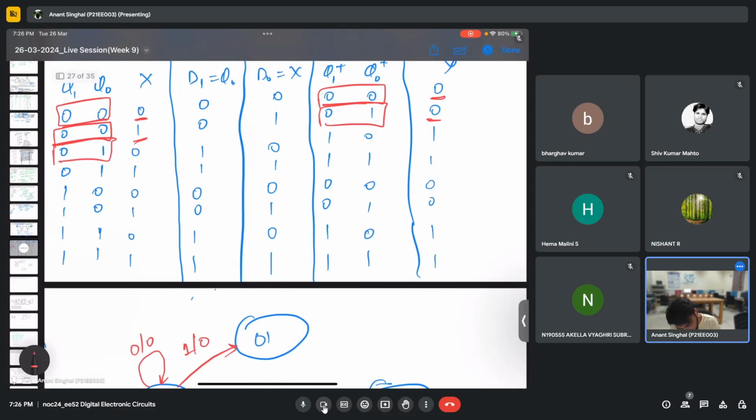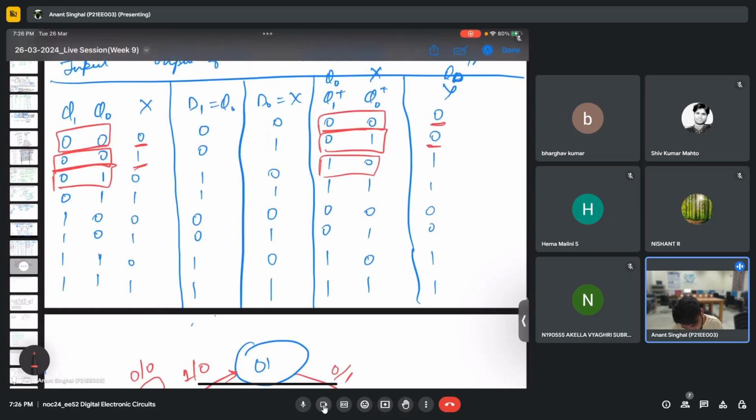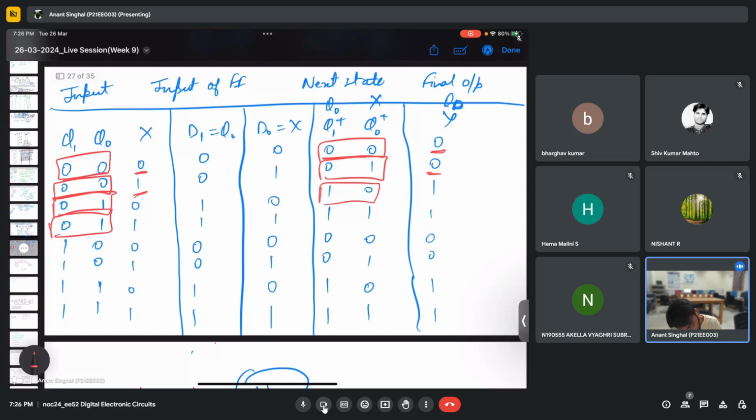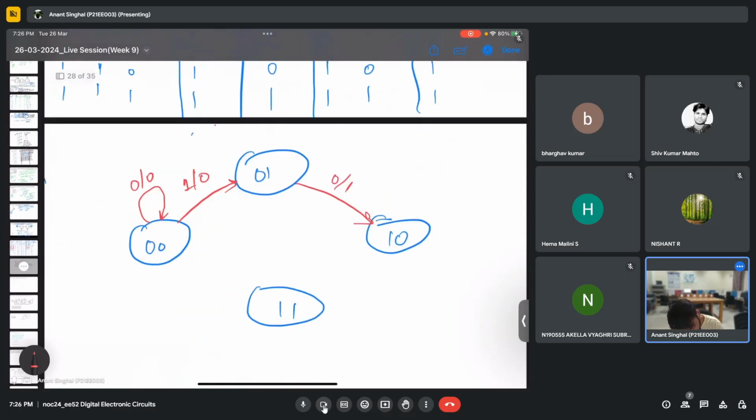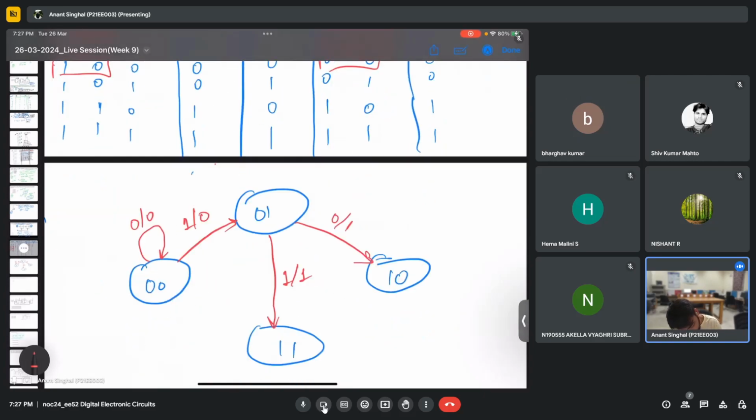Now 0 1 is getting changed to 1 0, I hope it is clear. This is very easy. So 0 1 is getting changed to 1 1 when it is 1 1, and 1 0 is getting changed to 0 0 when it is 0 0.